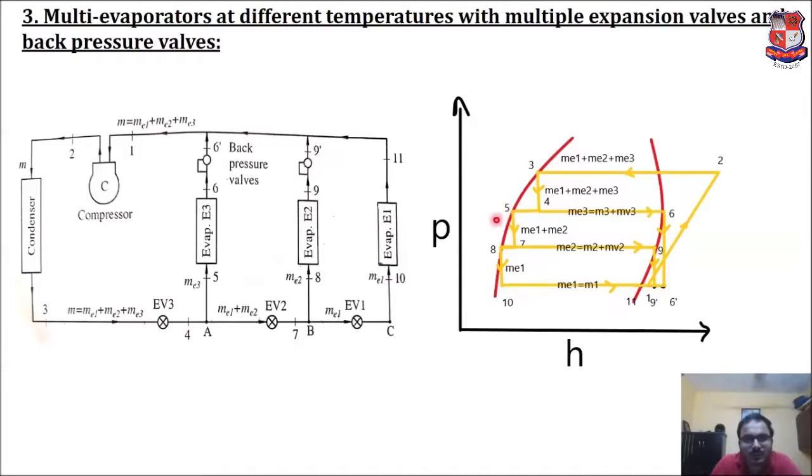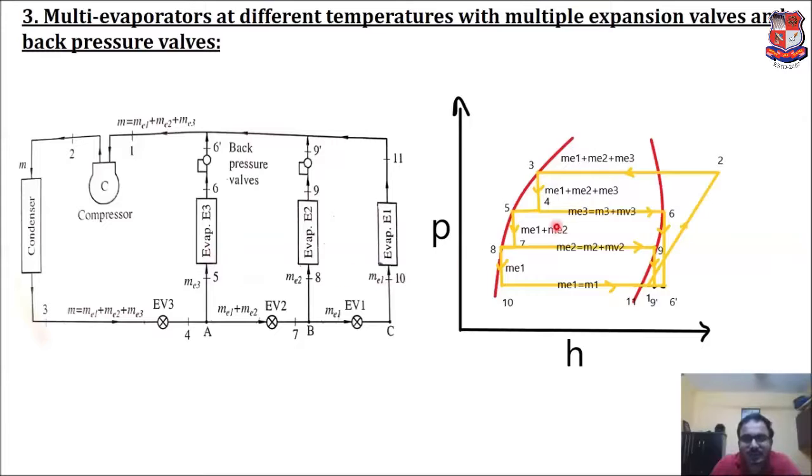Now from 5 to 6 we are having this evaporator E3. If you see 3 to 4 we are still having full mass Me1 plus Me2 plus Me3. Now from 5 to 6 we are having Me3 only. And what is this Me3? As I was telling you, it is a combination of vapor which is generated here plus some liquid refrigerant.